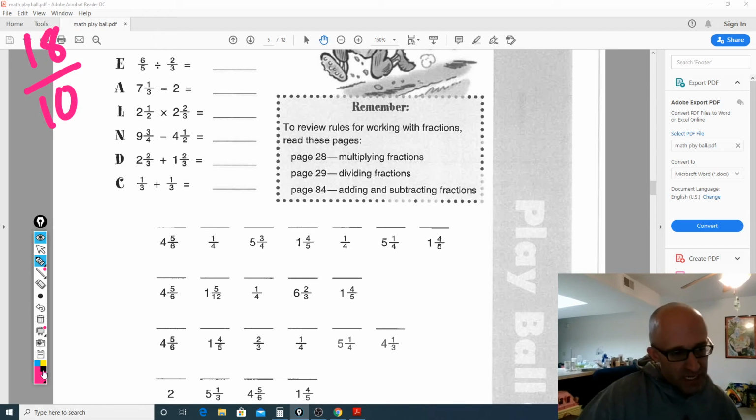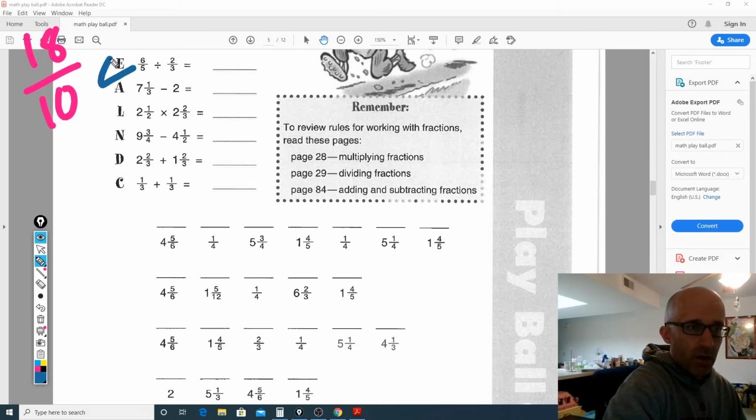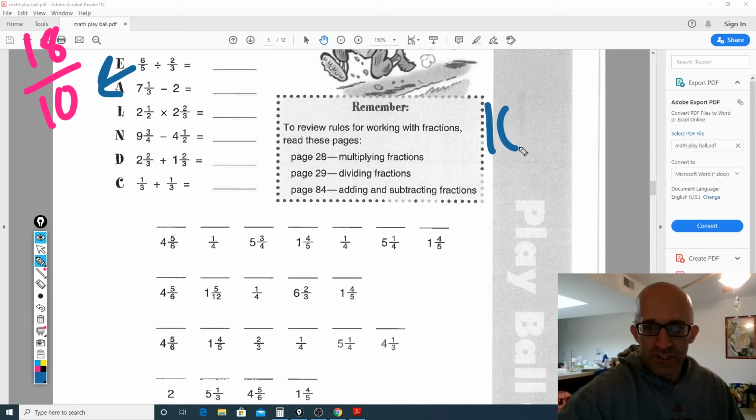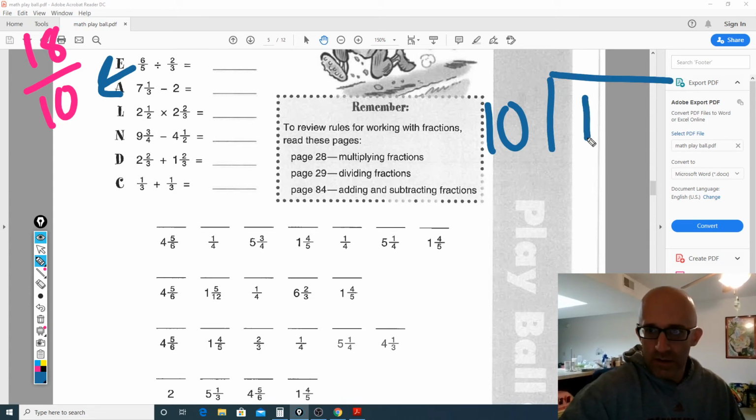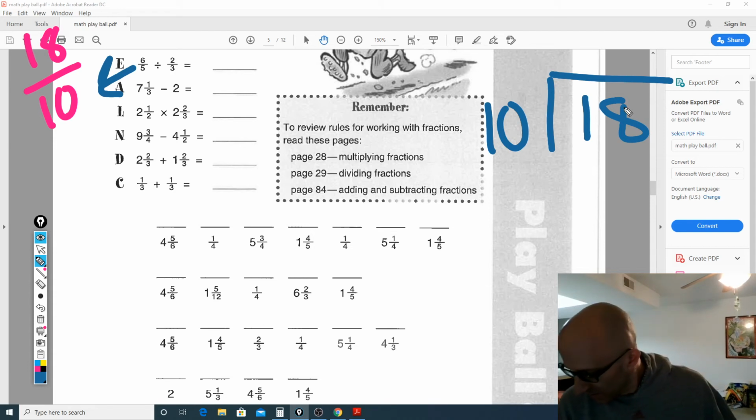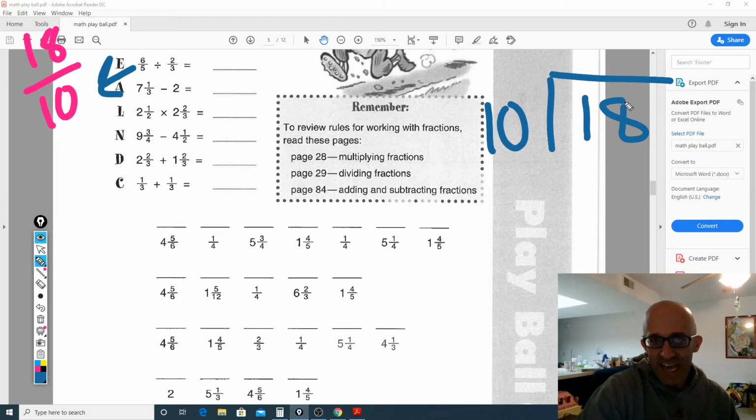When we change a fraction to a mixed number, we take our denominator, which is 10, and we divide it into the numerator of 18. So 10 goes into 18 one time.